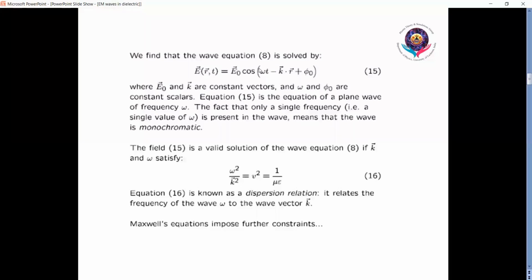The time dependent term after differentiation gives us omega, and the space dependent term after differentiation gives us k. So equation 8 now becomes this. This kind of equation gives a relation between omega and k, and such a relation is called the dispersion relation. Any wave equation giving us the relation between the frequency and the wave vector is called a dispersion relation.